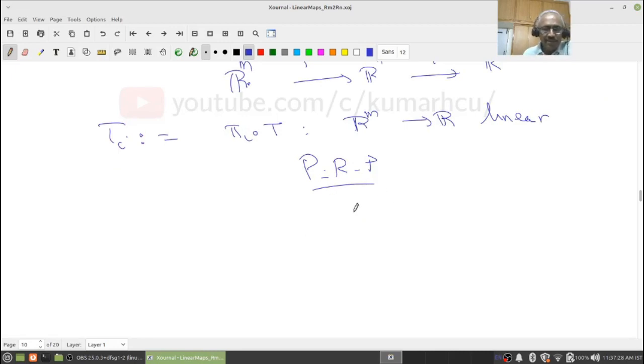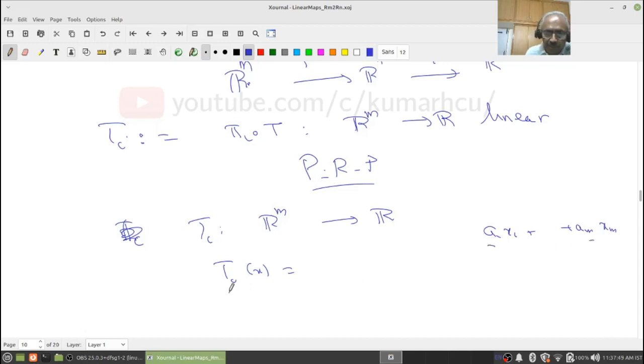Okay, right. Now, let me write Ti, therefore from Rm to R, how will it look? So Ti of x, remember it should be something like a1 x1 plus ... plus am xm, but remember these a1, a2, ..., am will depend upon your i, so I call it ai1 x1 plus ... plus aim xm.